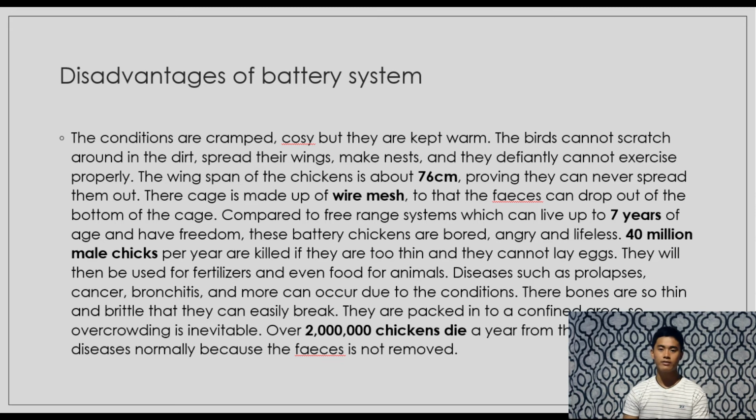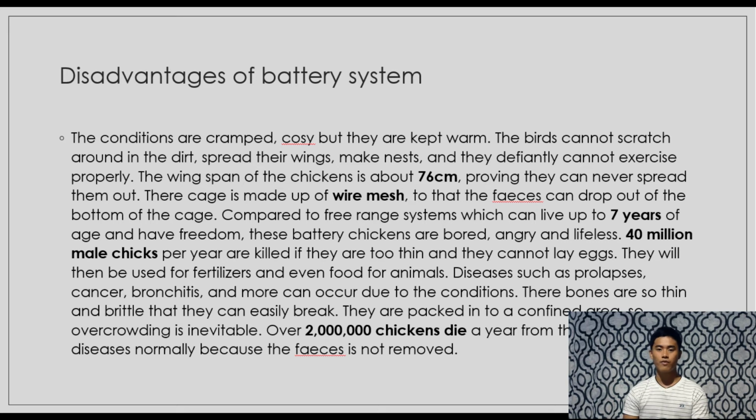40 million male chicks per year are killed because they are too thin and they cannot lay eggs. They will then be used for fertilizers and even for food for animals. Diseases such as prolapses, cancer, bronchitis, and more can occur due to the conditions.